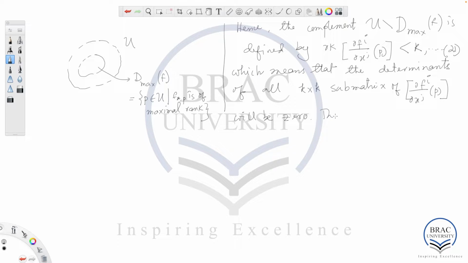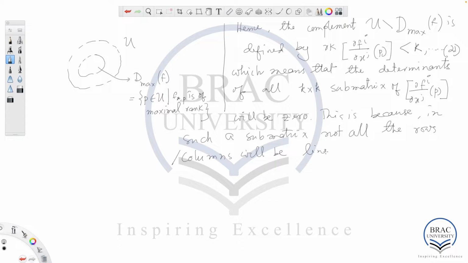This is because in such a submatrix, not all the rows or columns will be linearly independent.